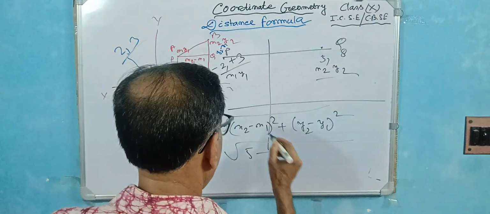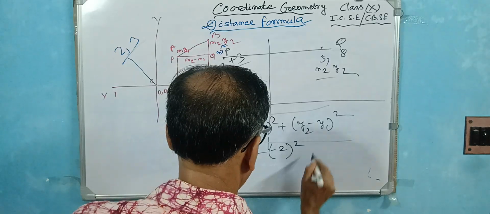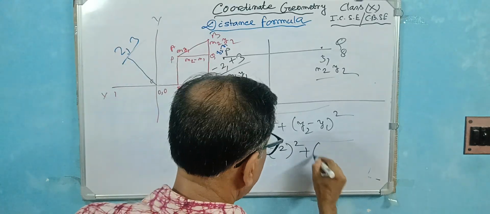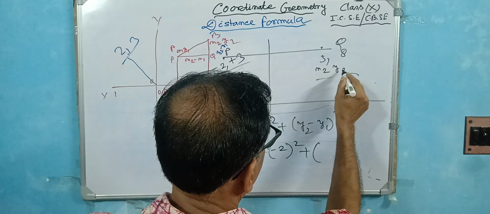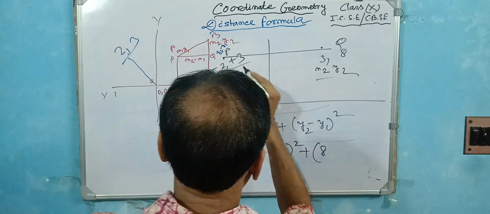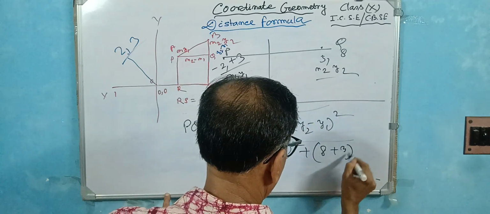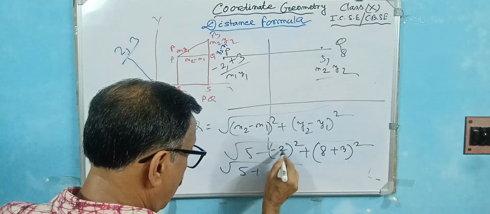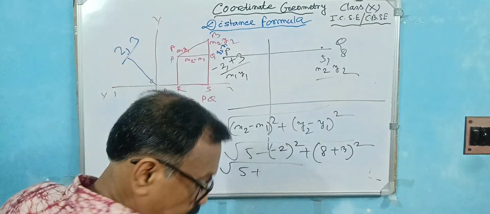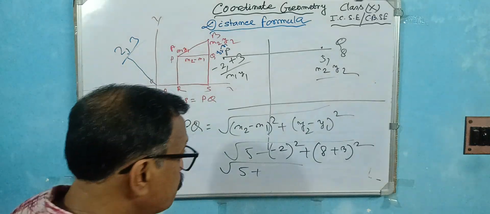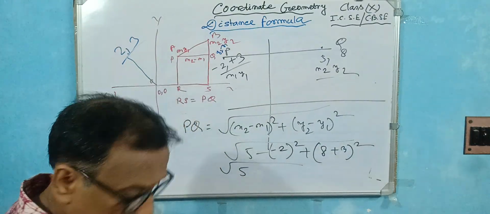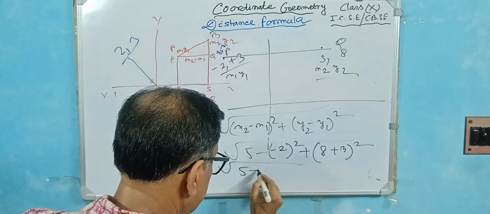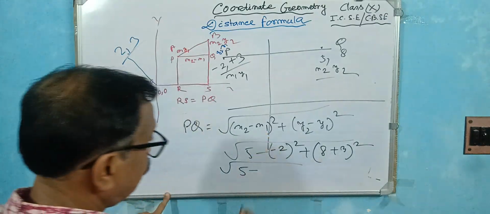What is the value? x1 is minus 2, whole square, plus y2 is 8, and this is plus 3. Okay, so now this is 5. Now minus plus, no, sorry, this is minus 2 whole square.